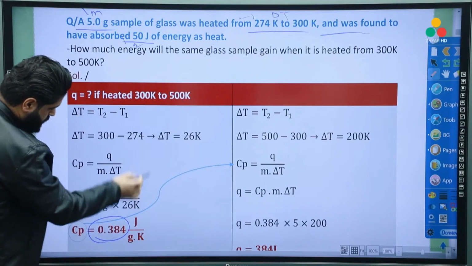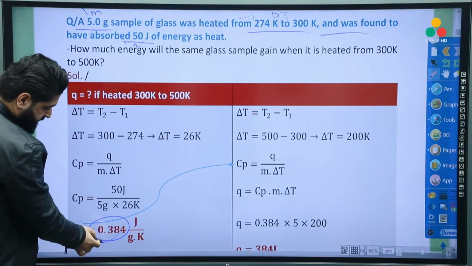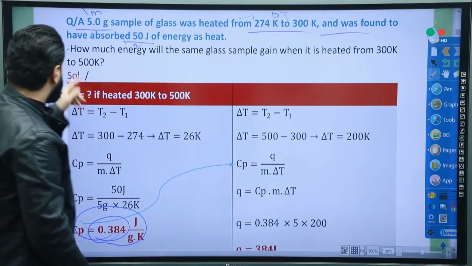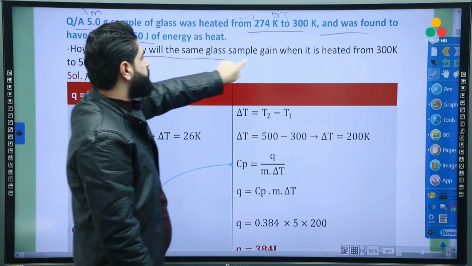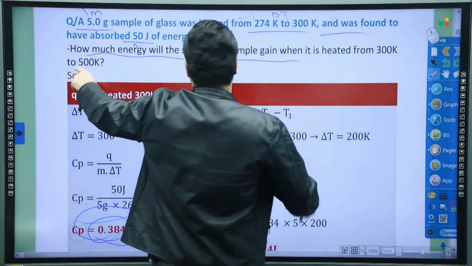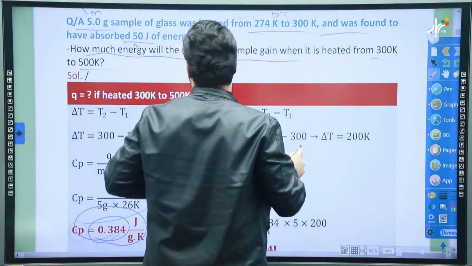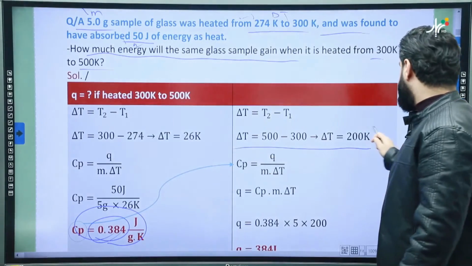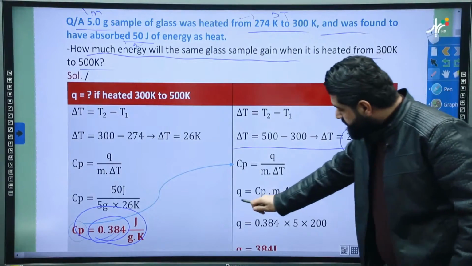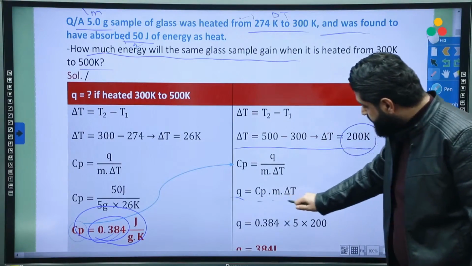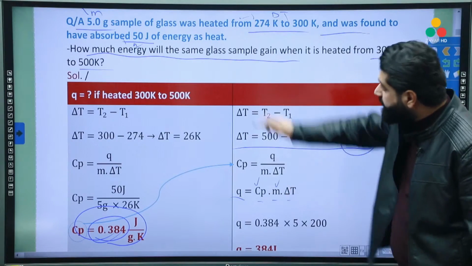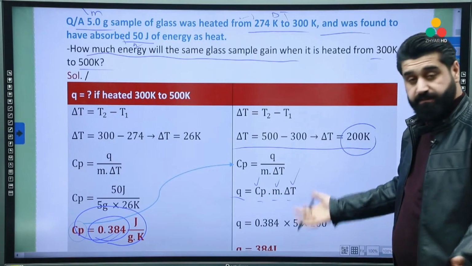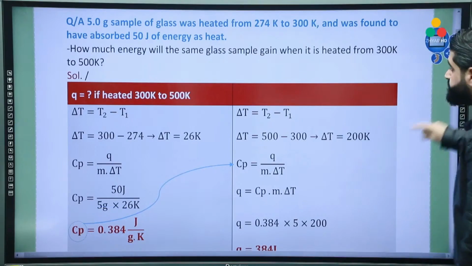Cp equals Q over M delta T, this is Cp. Then, how much energy will the same sample of glass gain when it heats from 300 to 500? So delta T this time equals 200 Kelvin. Calculate Q. Q equals Cp M delta T. We have Cp, we have M, 5 grams, we have delta T. Same idea, I think.